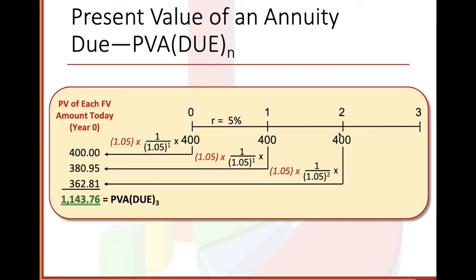From year 2, 400 times 1 over our growth rate squared times our growth rate, we get 362.81. Year 1, 400 times 1 over our growth rate to the first power times our growth rate, we get 380.95. And in year 0, 400 times 1 over our growth rate to the first power times our growth rate again, so we get 400. So total is $1,143.76.